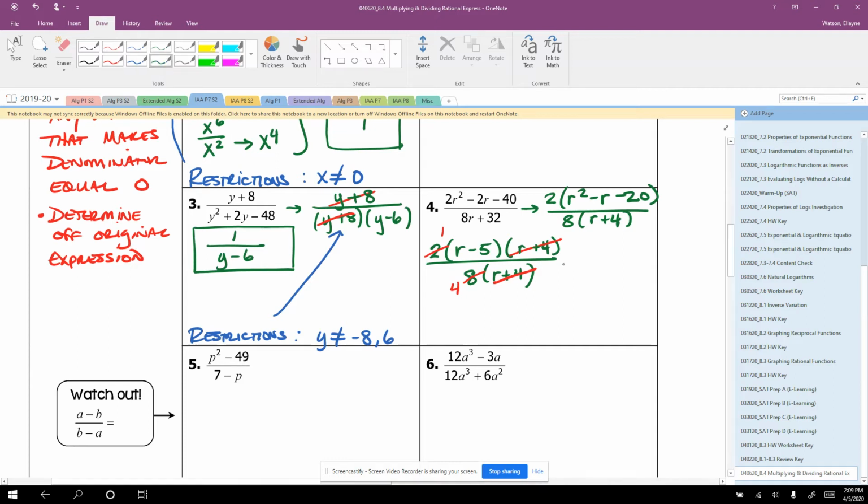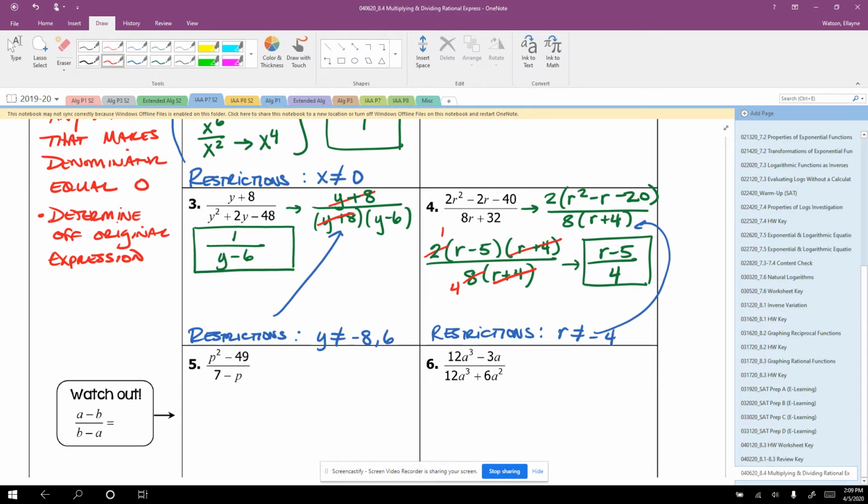And so you should have a final answer of r minus 5 divided by 4. And then don't forget your restrictions. r cannot equal, and now look here where it's factored, set r plus 4 equal to 0, so r cannot equal negative 4.